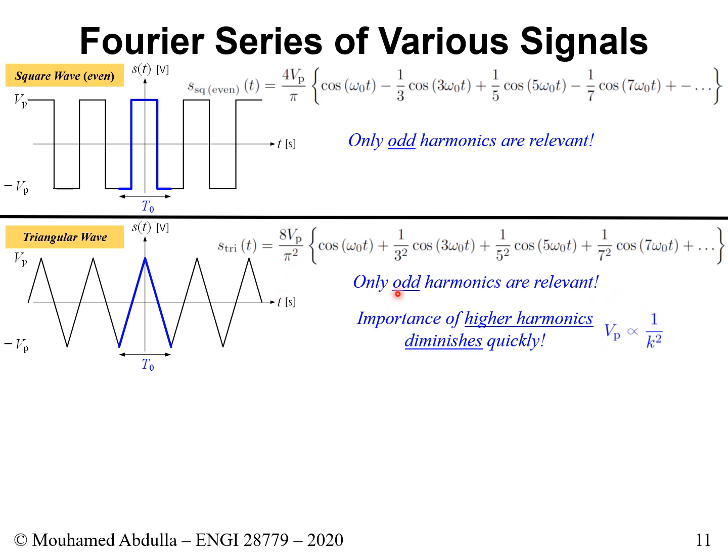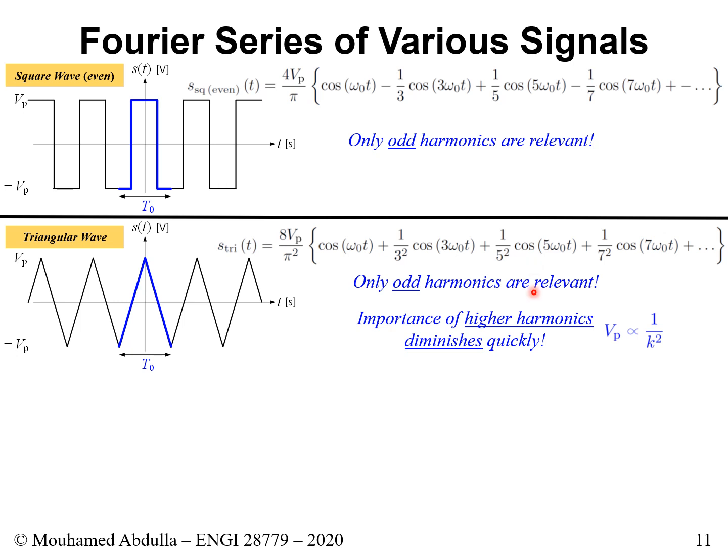Because the peak value, and maybe I shouldn't have written this because you might think this is what I mean here, this is like a different peak. The overall peak value of each sinusoid goes down with a square of 2, right? So you take the harmonic value and you square it, whereas here we don't square it. So basically the power of each of these harmonics is even smaller, right?